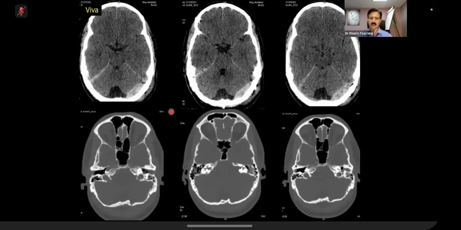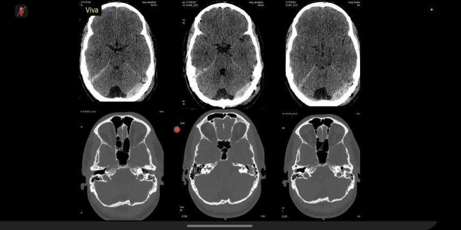This is your last case, and candidate 7 should be ready then. So there is an acute subdural hematoma in the left occipital region, in the region of the left posterior fossa, abutting the left cerebellar peduncle.